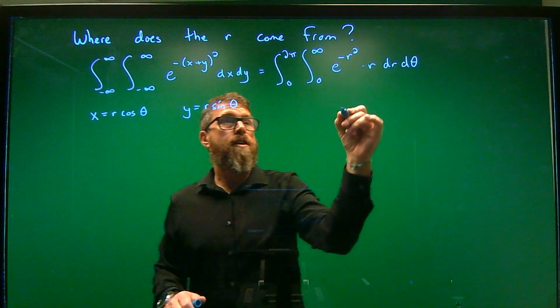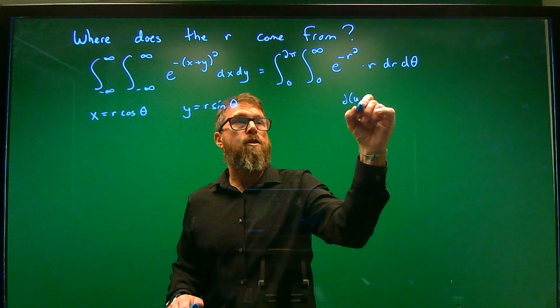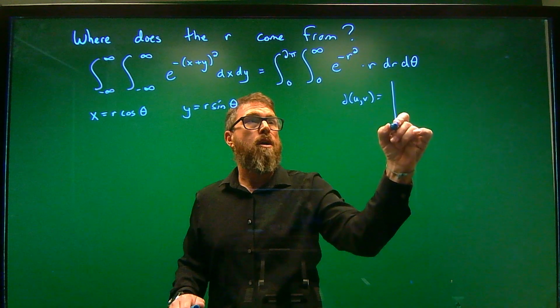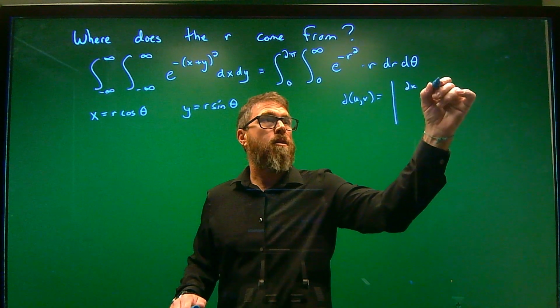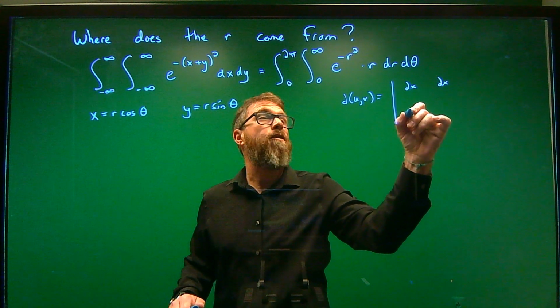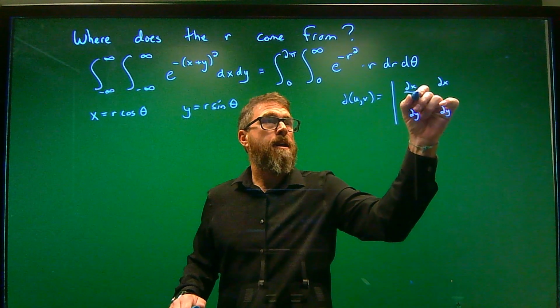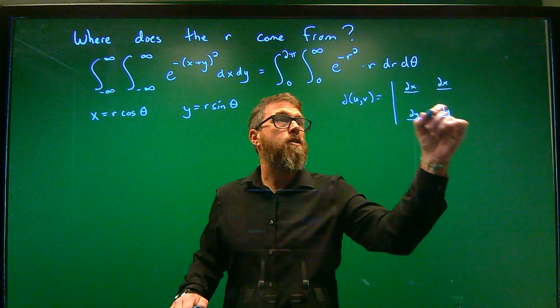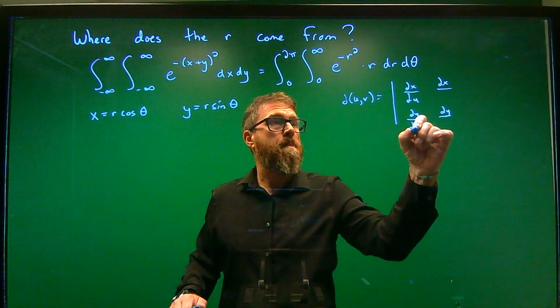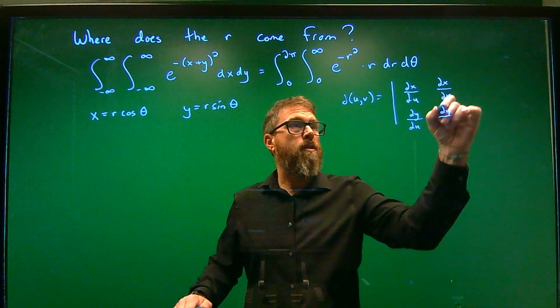Now, in the previous video, we talked about the Jacobian of u comma v being the determinant where the first row is your dx's and the second row is your dy's. The first column is the derivatives with respect to your u's, and the second column is the derivatives with respect to the v's.